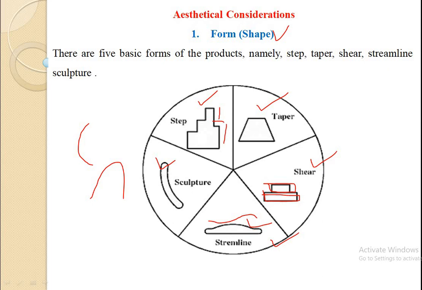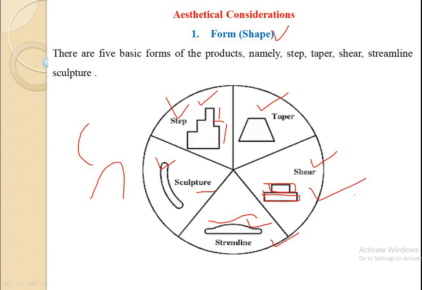Now these sculpture and streamline forms are suitable for mobile products like vehicles, while these step and shear forms are suitable for stationary products.